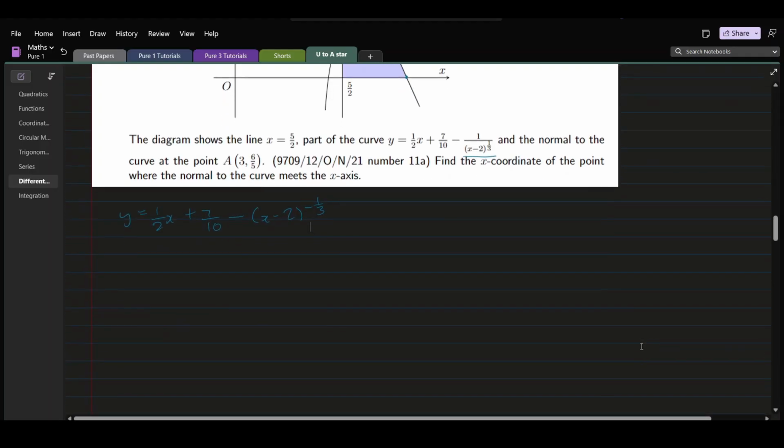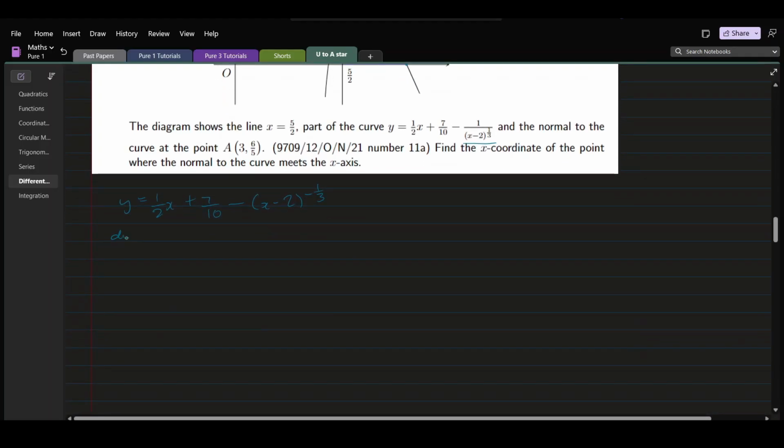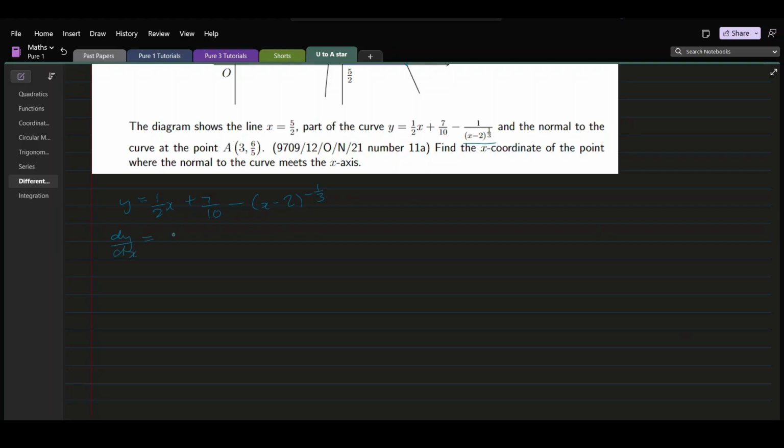And now if we differentiate, dy dx is equal to, if you differentiate half x, you get a half. If you differentiate a constant, you get 0. And then we've got negative, bring down the negative 1/3, then that's x minus 2.